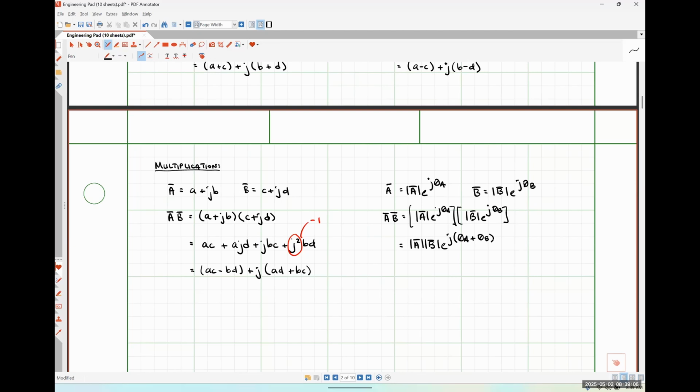In polar form, since that's just a shorthand notation for exponential form, that would simply look like the magnitude of A times the magnitude of B with an angle of theta A plus theta B.